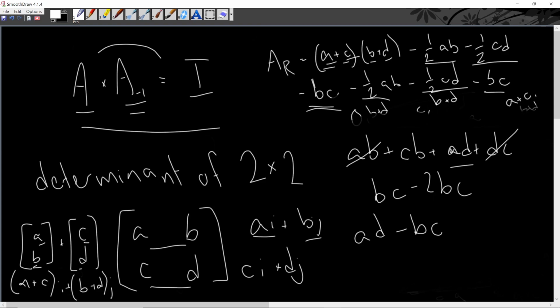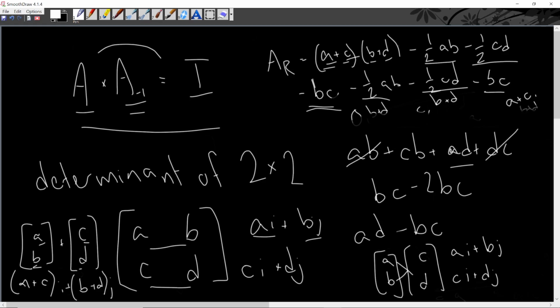This can be written as two column vectors, because you look back at A, B, C, D to get AI and BJ, and then CI and DJ. But if you just write this as two column vectors, A, B and C, D, and you just swap these two and draw this as two column vectors, you're still going to have this minus this, right?